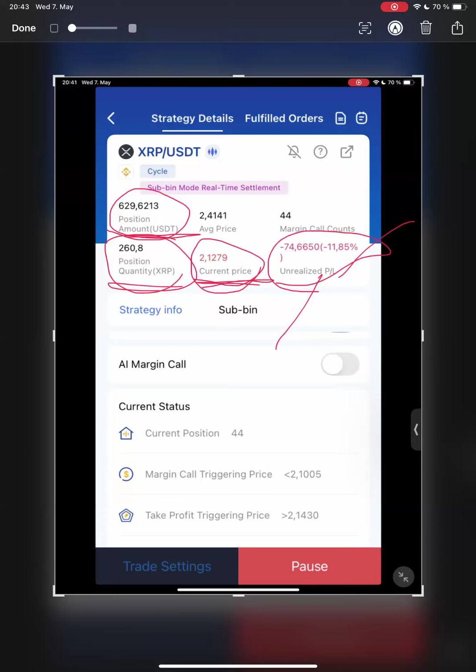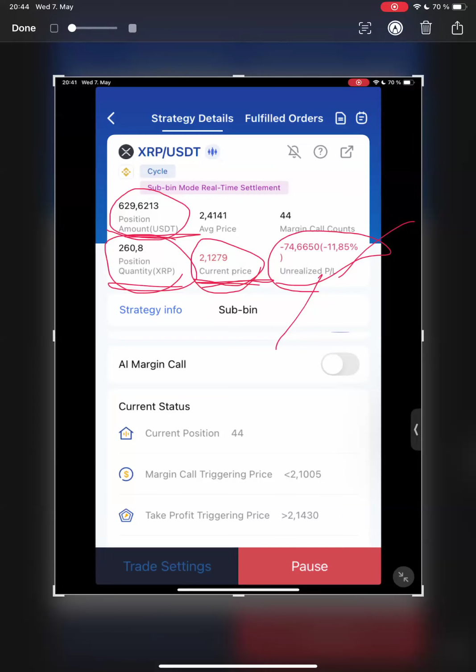Unrealized P and L. Unrealized P stands for profit, L stands for loss. So if it's in green, it's unrealized profit. Until the robot sells it, it's not a profit. Or until you tap on the sell button to sell, it's not a profit. Unrealized L means unrealized loss.